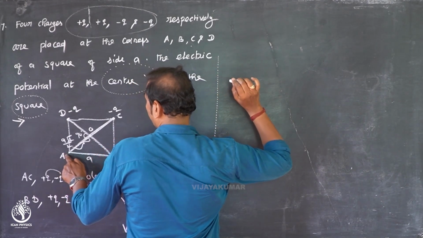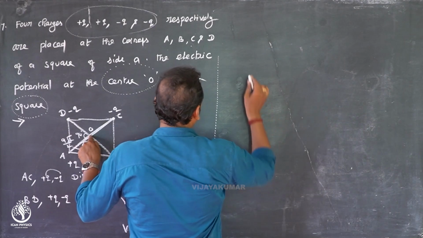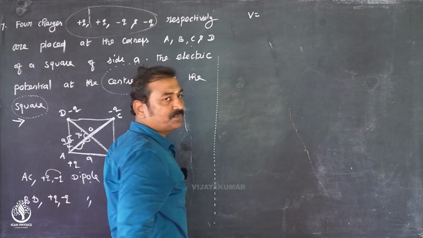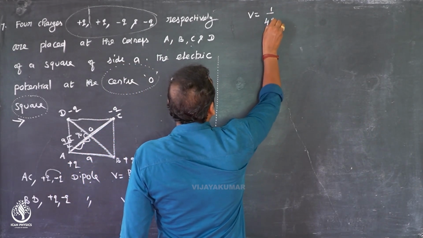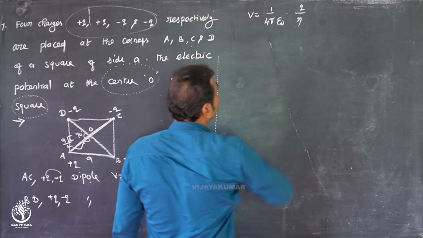So the positive charge placed at A produces an electric potential at the point. A point charge produces the potential V equal to 1 by 4 pi epsilon 0 Q by r.